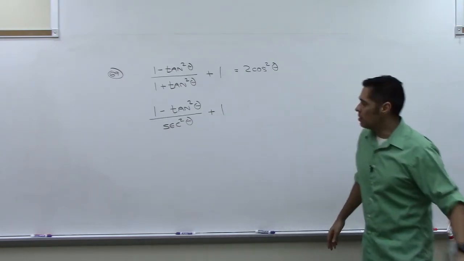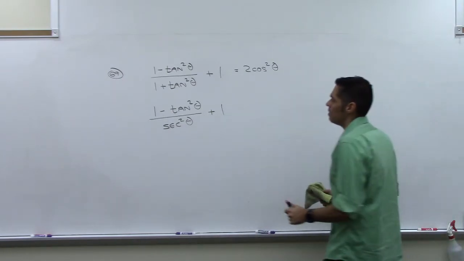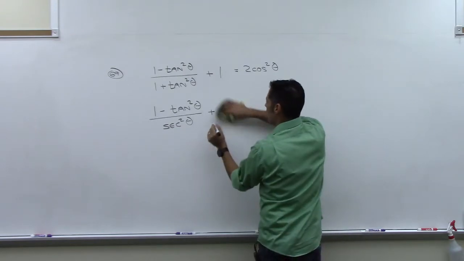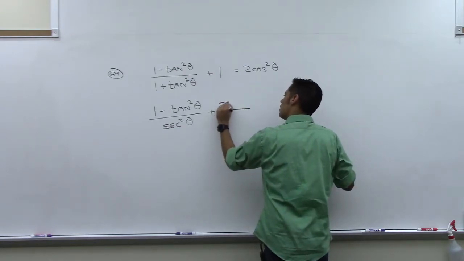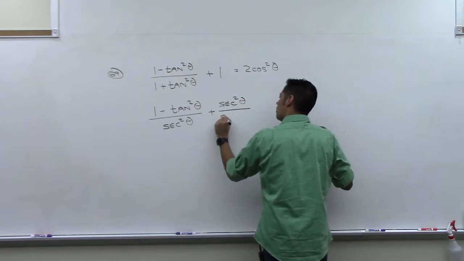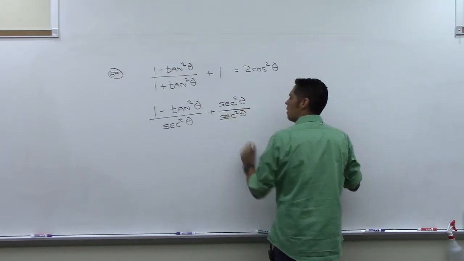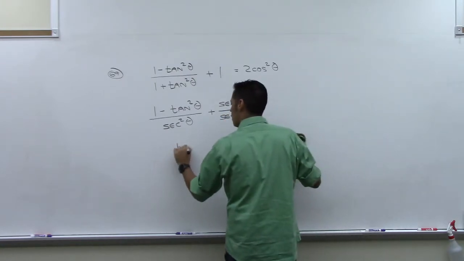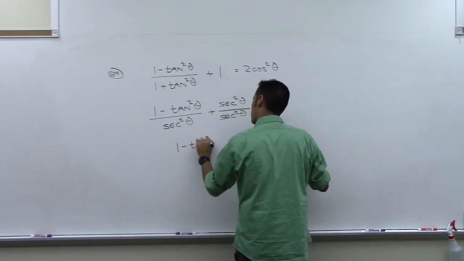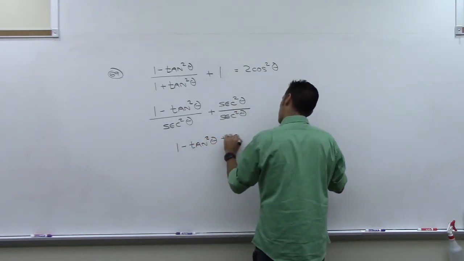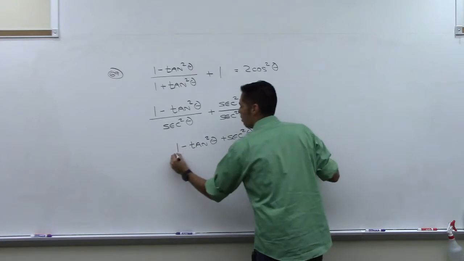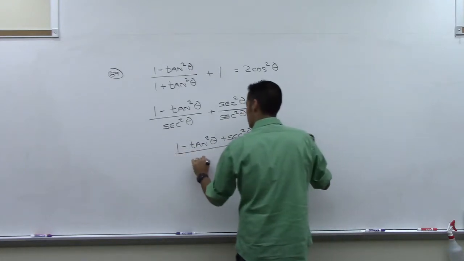Now I'm going to get a common denominator. I'm going to turn this 1 into secant squared theta over secant squared theta and put them together. So I've got 1 minus tangent squared theta plus secant squared theta all over secant squared theta.